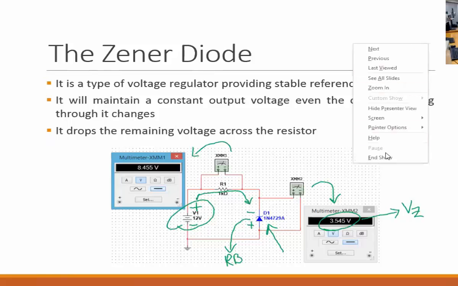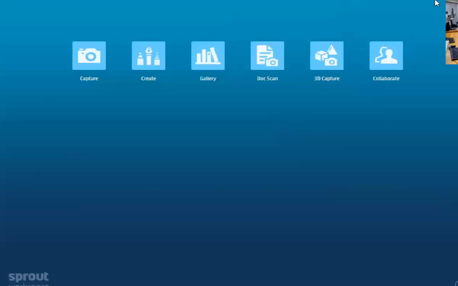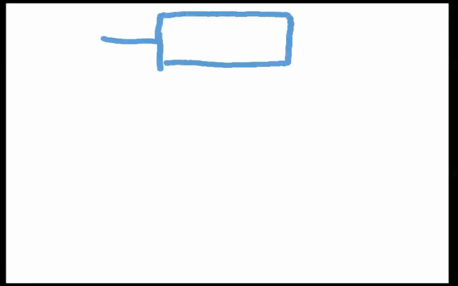So let me quickly see what is this voltage regulator. So let's say, for example, I have a voltage regulator of, so this is a regulator.